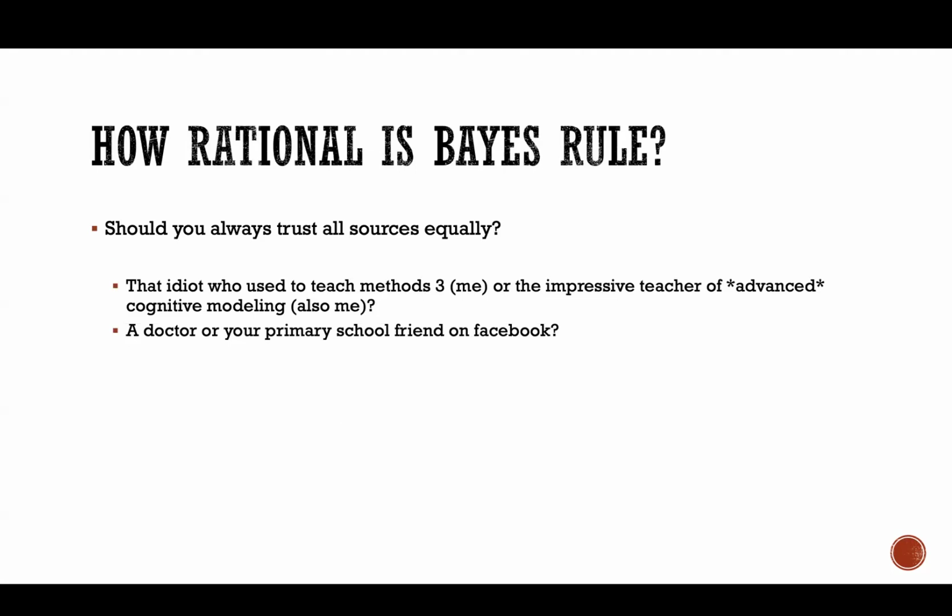If we take the social thing, should you always trust in the same way the idiot that used to teach Methods 3, that was me, or the impressive teacher of Advanced Cognitive Models? Is it rational to put the same weight on the two people? Or a doctor that tells you you should get a vaccine, or your friends from primary school on Facebook who say vaccines make your kid autistic?